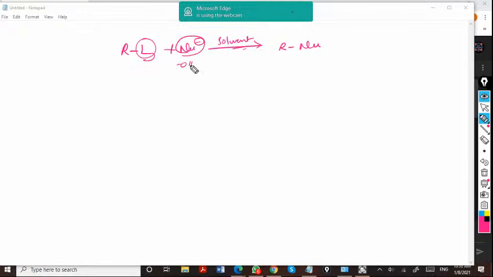Let's say I am using OH minus. What could be the product? It will be ROH. So based on the nucleophile that is going to be used, the product will be defined. Here I am giving the particular examples of nucleophile and the product.